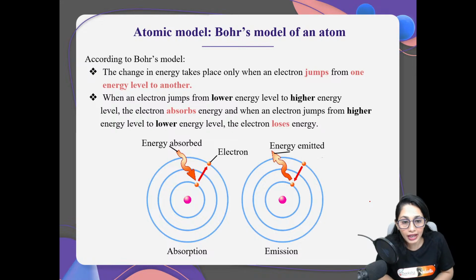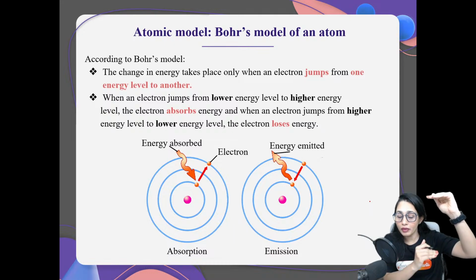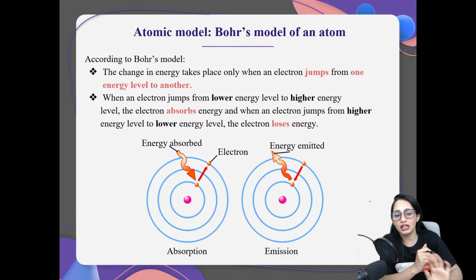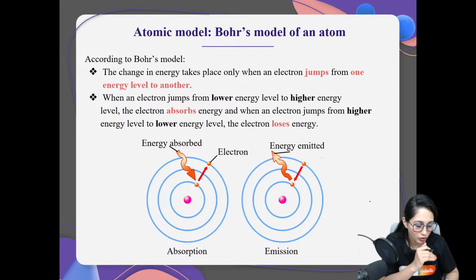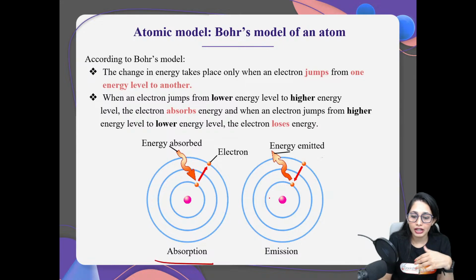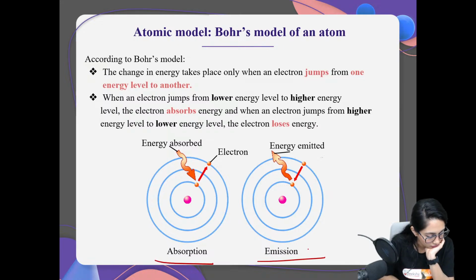When an electron jumps from lower energy level to higher energy level, the electron absorbs energy, and when an electron jumps from higher to lower energy level, the electron is going to lose energy. Energy absorbed is called absorption, energy emitted is called emission.